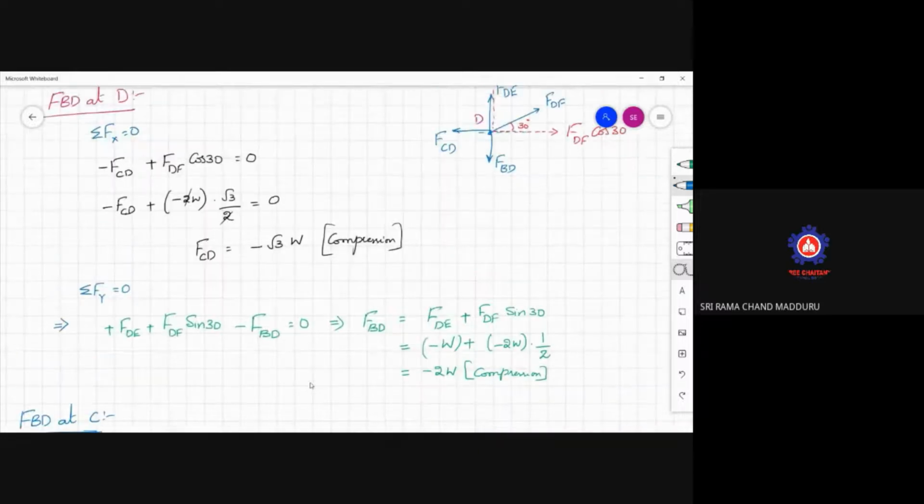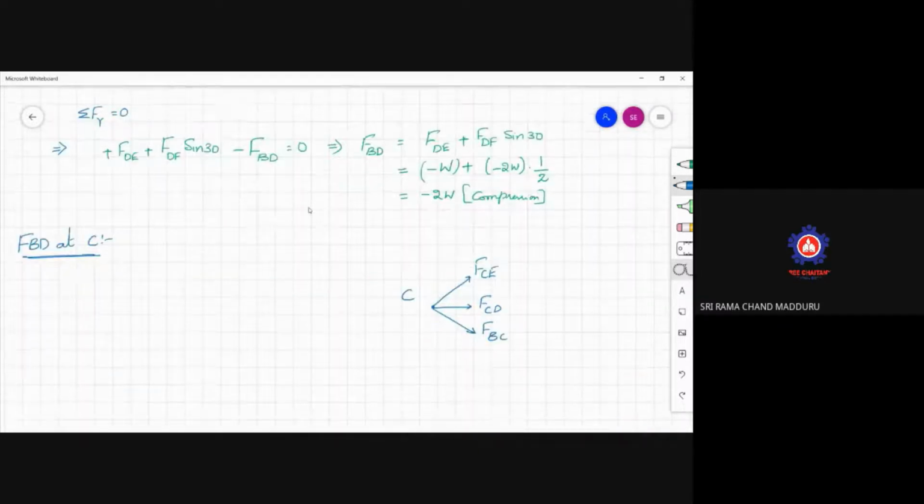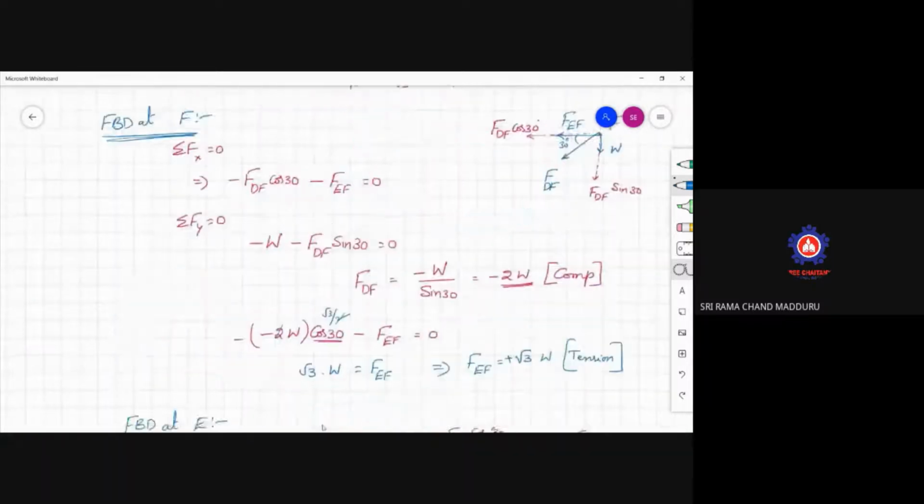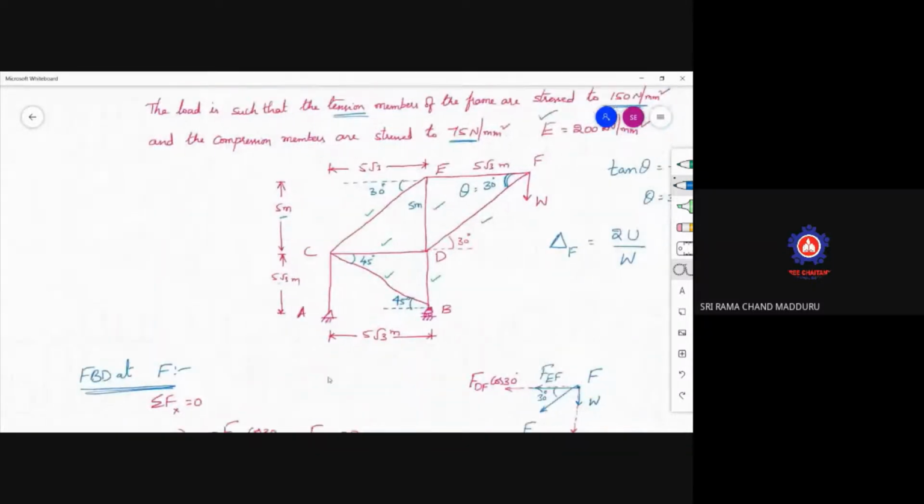Please check it once. No, we didn't get it. So force in BC is also to be calculated. Similarly, force in AC is also to be calculated. We require these two things: force in AC as well as force in BC.